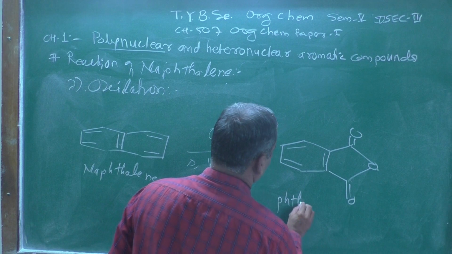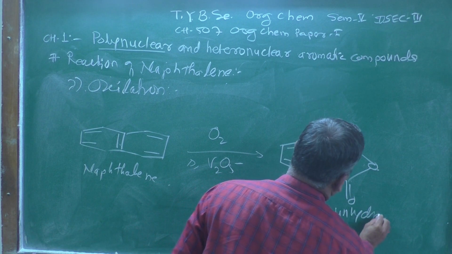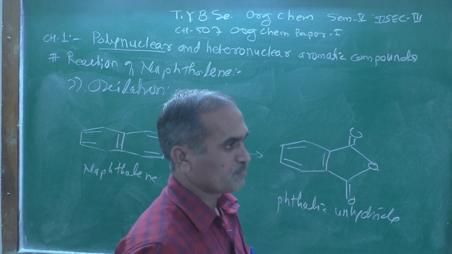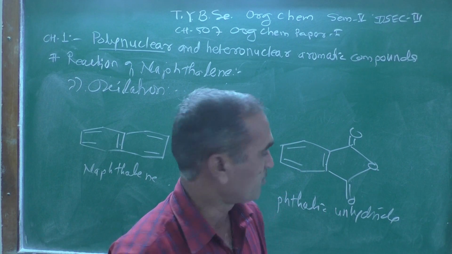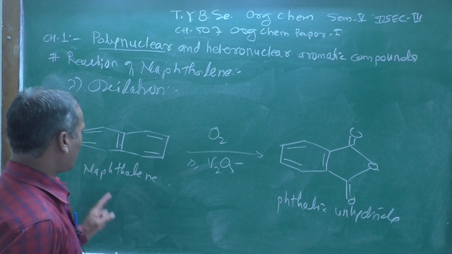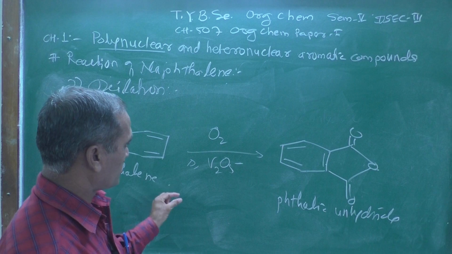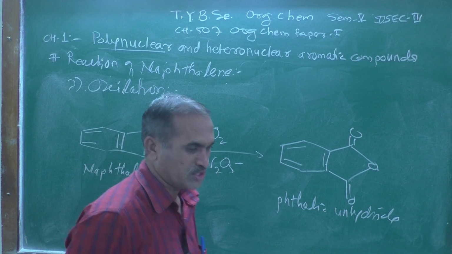This is known as phthalic anhydride, which is one of the reagents used for the synthesis of many organic compounds. This phthalic anhydride can be obtained by heating naphthalene with atmospheric oxygen, and the catalyst used here is vanadium pentoxide.